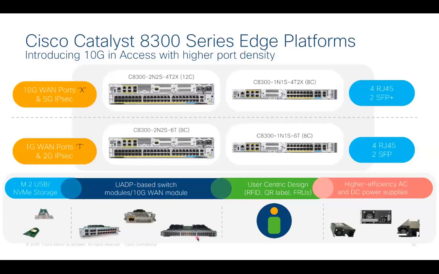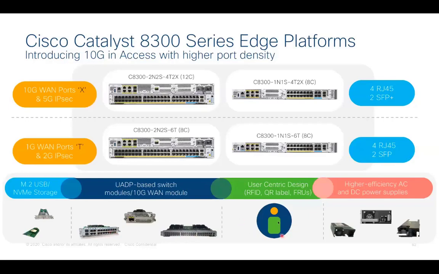So what are the key capabilities that we introduce into these modules? On the switch module, these modules support multi-gig for LAN connection, and we have also introduced 10 gig ports for uplink connection from these switch modules. And moreover, these switch modules can be managed directly from the router operating system.